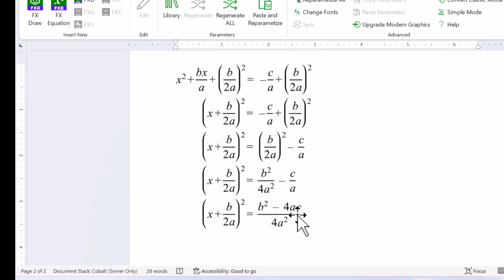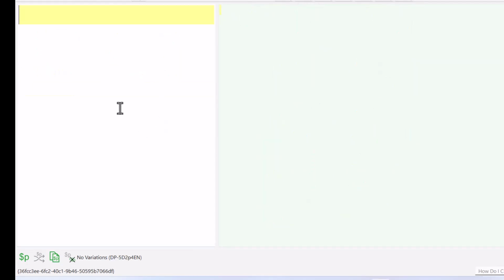To solve this further, now what I need to do next is to square root both sides of the equation. So if I square root both sides by removing the square, I'm going to have x plus b over 2a equals to square root plus or minus this. So that is what I'll do next. So I have my x plus b over 2a equals to plus or minus.